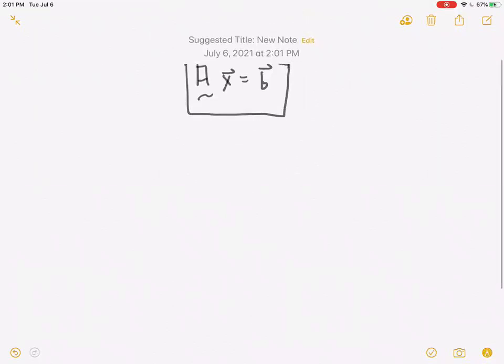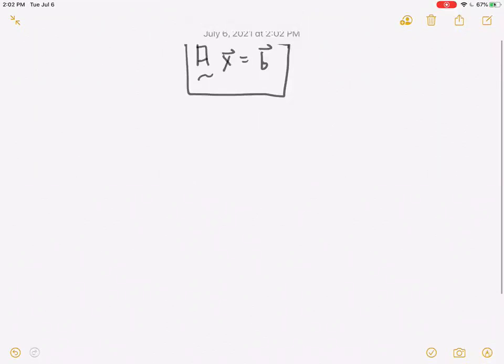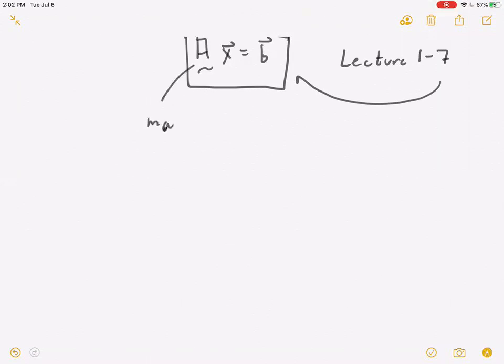So I want to pick up from where we were last time, and I want to review some things that we talked about. You can take everything we've talked about in lectures 1 through 7 and boil it down to this problem, where on the left-hand side of this equation you have a matrix multiplying a vector.